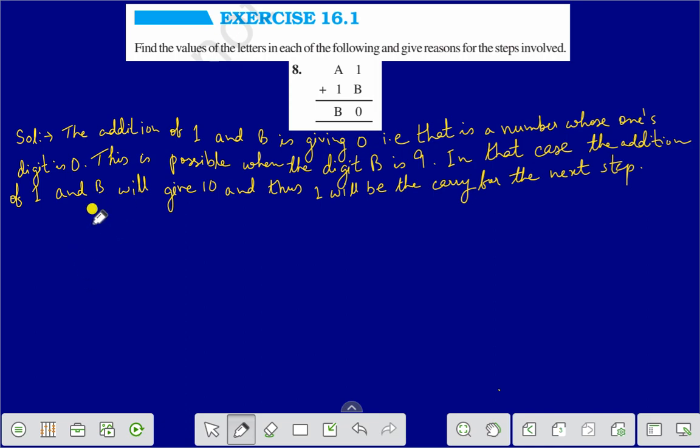Therefore we can write 1 plus A plus 1 is equal to B.